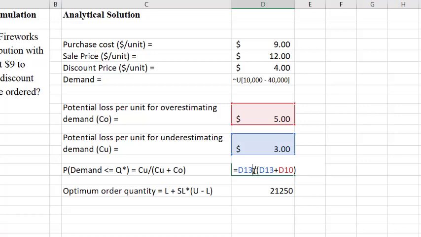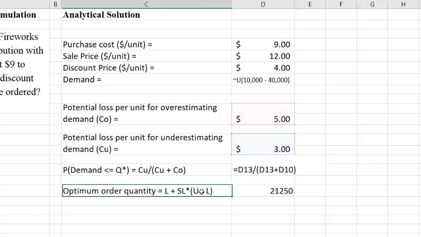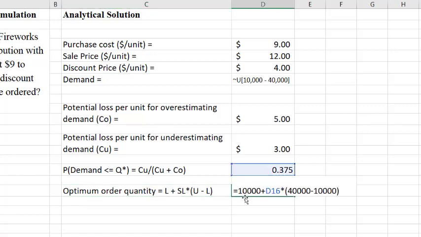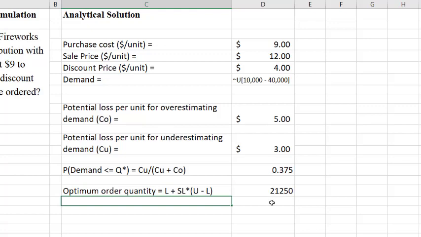We now use this probability in order to calculate the optimum order quantity. In this case, because the demand is distributed uniformly between 10,000 and 40,000, the optimum order quantity is going to be the low value of the probability distribution, which is 10,000, plus the probability, which is 0.375, multiplied by the range, which is 40,000 minus 10,000, and this turns out to be equal to 21,250 units.